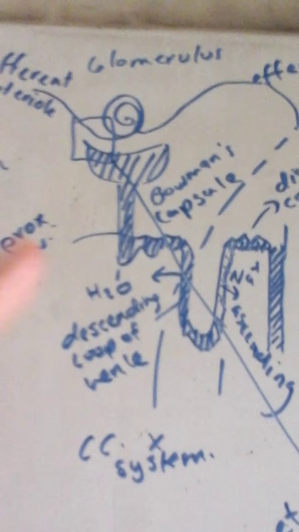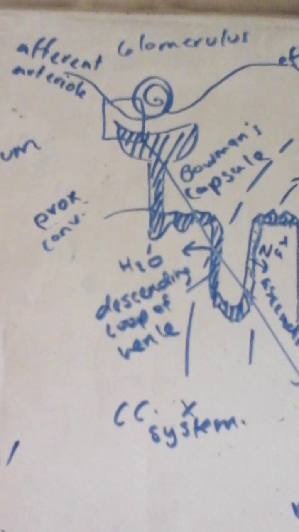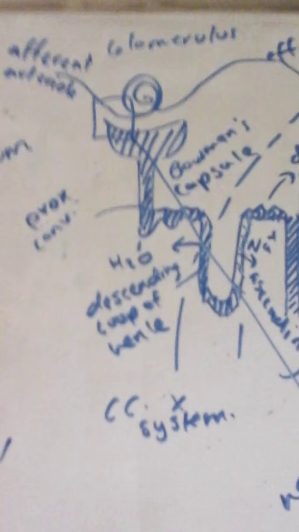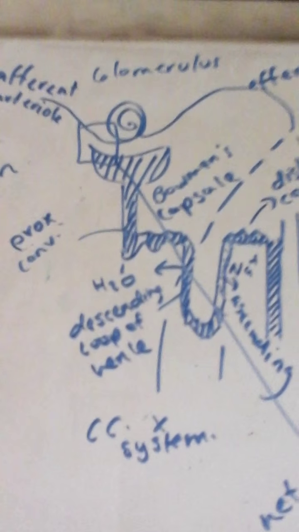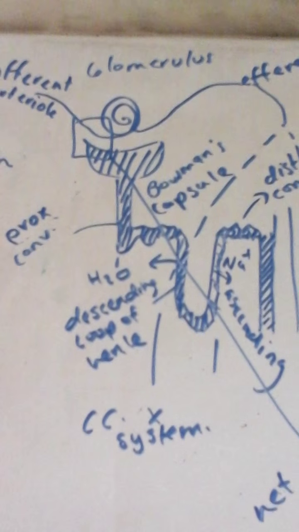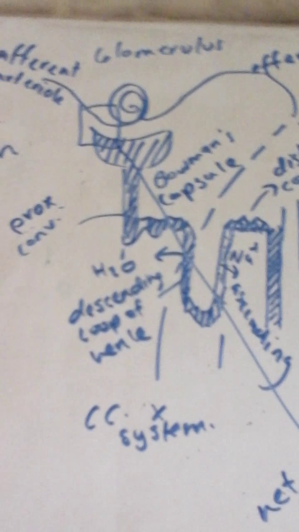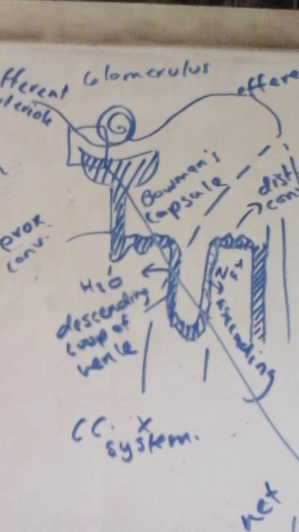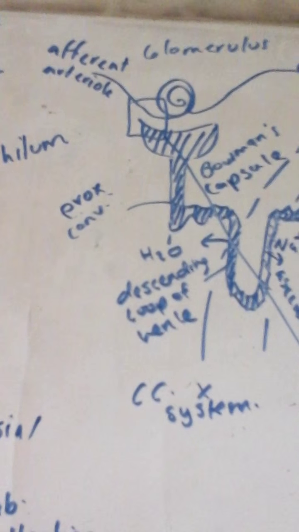So the filtrate is going to go down into what is called the proximal convoluted tubule. The proximal convoluted tubule is going to increase the reabsorption of molecules like sodium, sugar, salt, chlorine, among many things, potassium. And then we go down into what is called the descending loop of Henle.